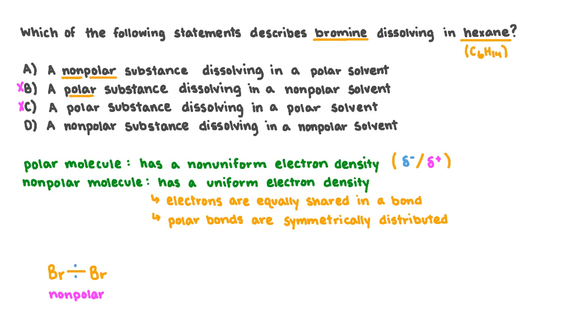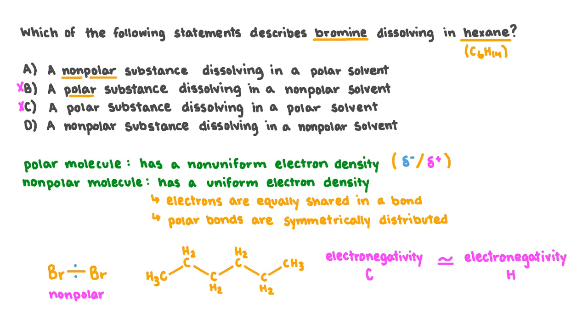Hexane, chemical formula C6H14, only contains carbon and hydrogen atoms. The electronegativity of a carbon atom is approximately equal to the electronegativity of a hydrogen atom. Because the electronegativity values are so similar, we can consider the electrons in a carbon-hydrogen bond to be equally shared.